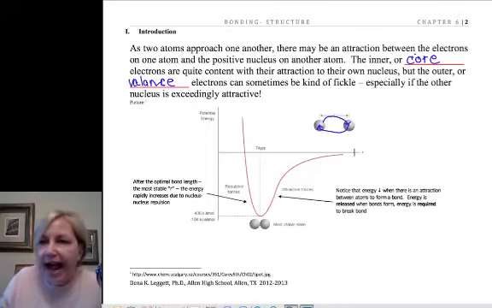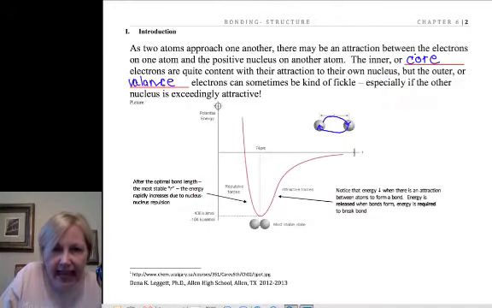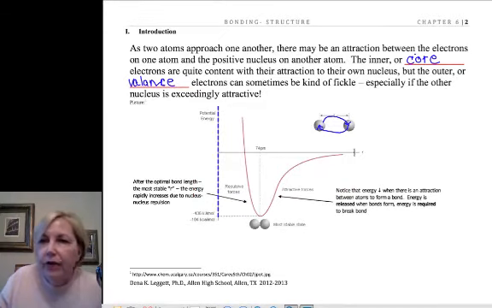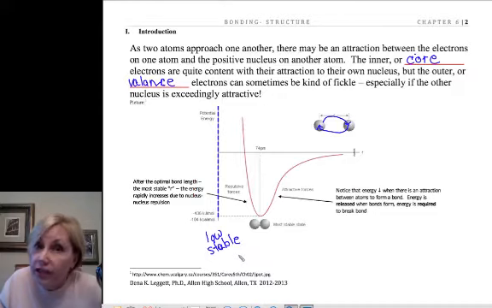So what we have on our different axes here, if we take a look, this axis here is our potential energy. Remember that very low potential energy tends to be stable, with attractive forces. The lower it gets, the more our attractive forces are maximized.